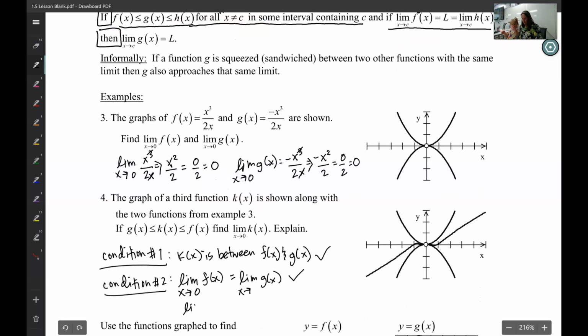The limit as x goes to 0 of the new function k of x is also 0. That's all the theorem says. The limit of the squeezed function will be the same as the limit of the two other functions because they've been squeezed together. That's the squeeze theorem.